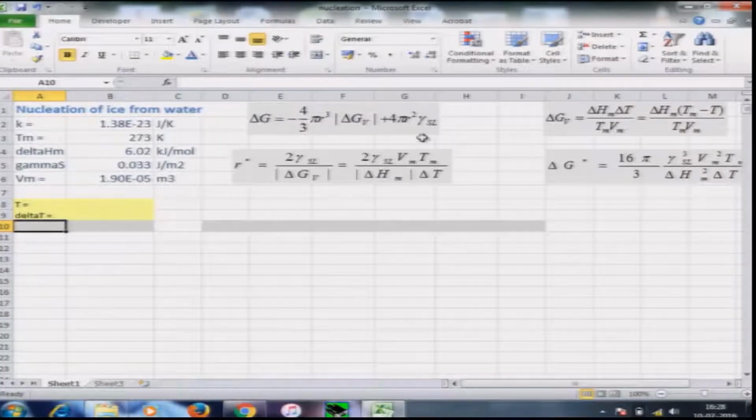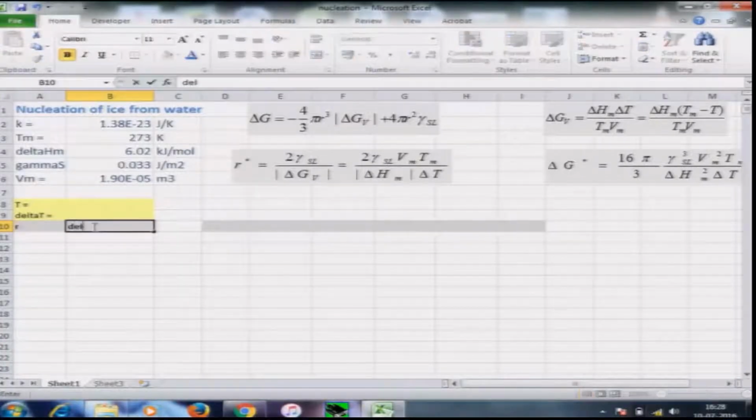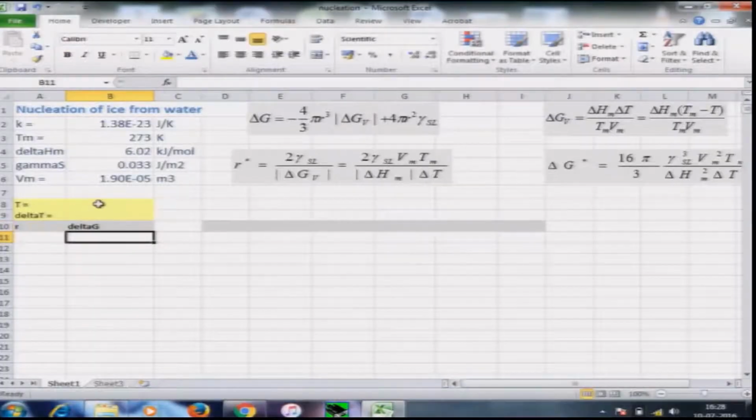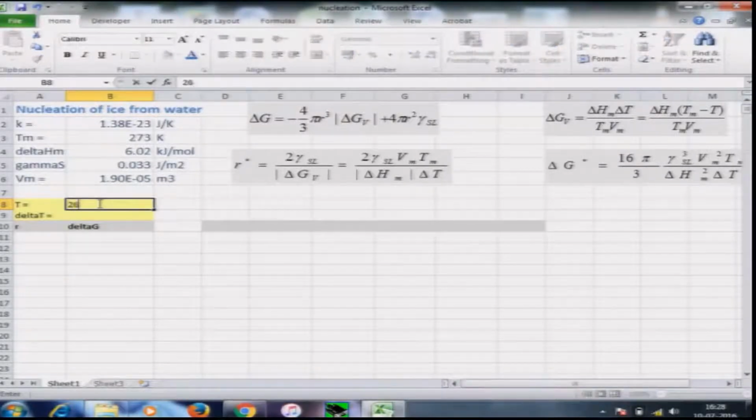What we will first do is look at the characteristic of the curve delta G versus R, the change in free energy as a function of the size of the nucleus. In this column I will put R, the size of the nucleus. In the second column B, I will calculate the value of delta G, and let us say we keep the transformation temperature as 268.